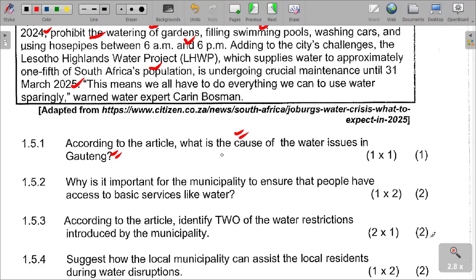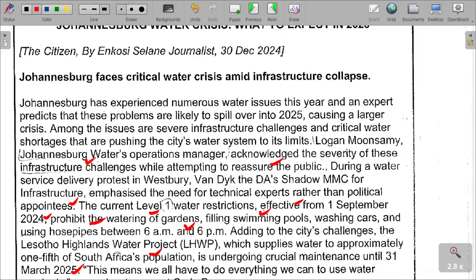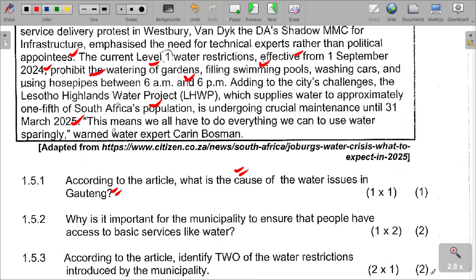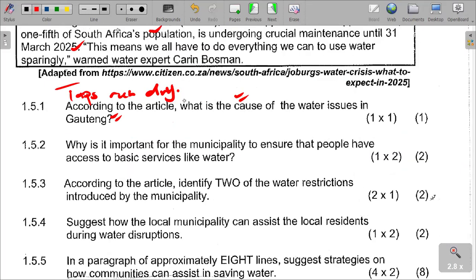It is because of the taps running dry. Johannesburg has had numerous water issues this year, because of severe infrastructure damage and critical water shortages, taps running dry. Taps running dry is one of the reasons.